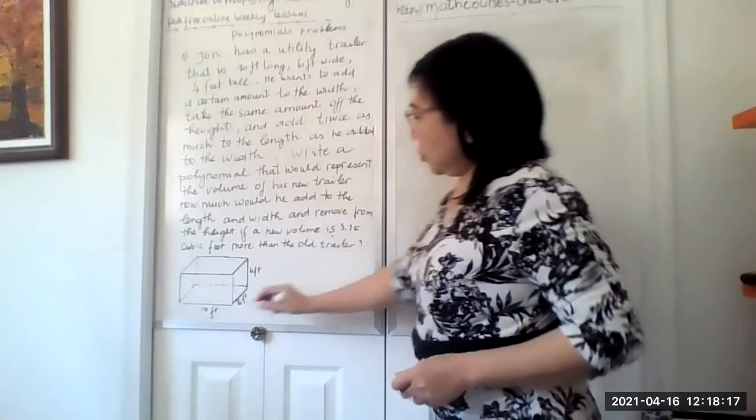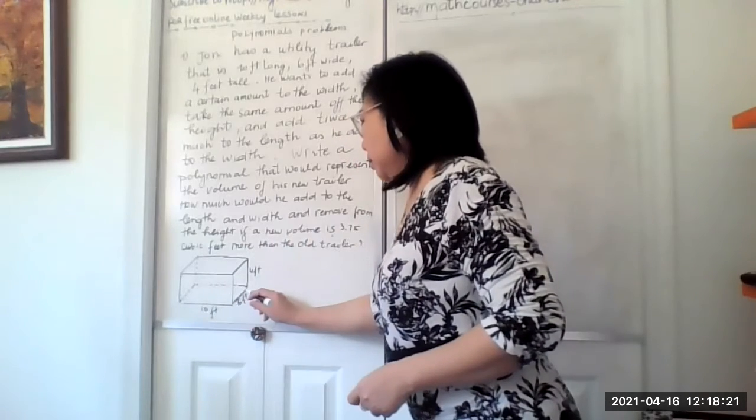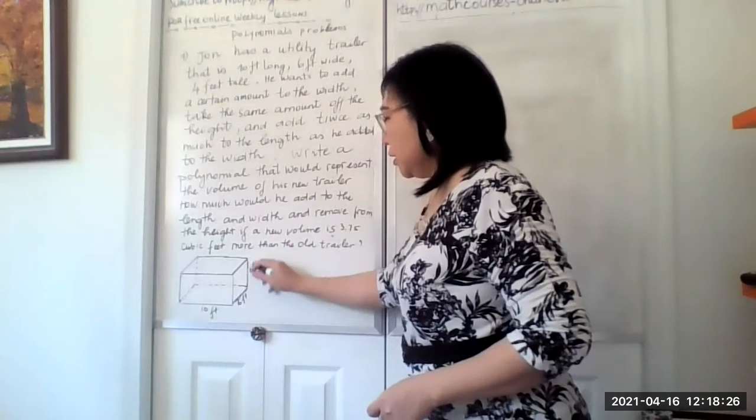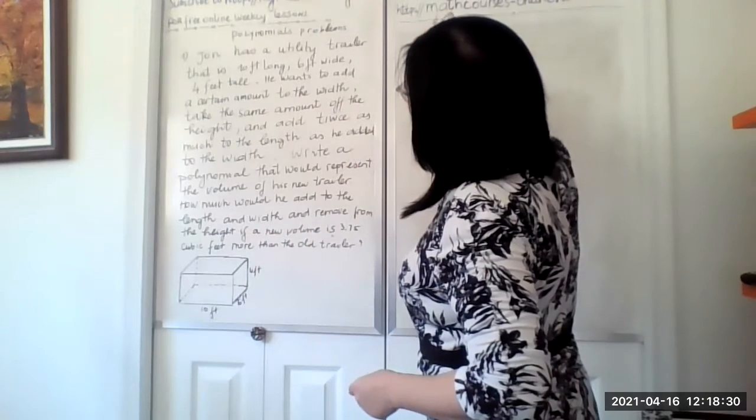Okay, so first we know the length of the trailer is 10 feet. The width of the trailer is 6 feet, and the height of the trailer is 4 feet tall. So we can calculate the old volume, right?